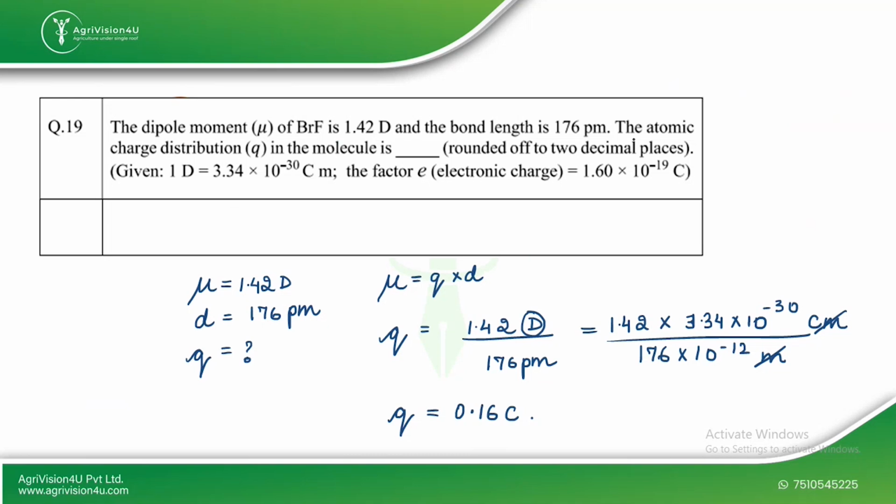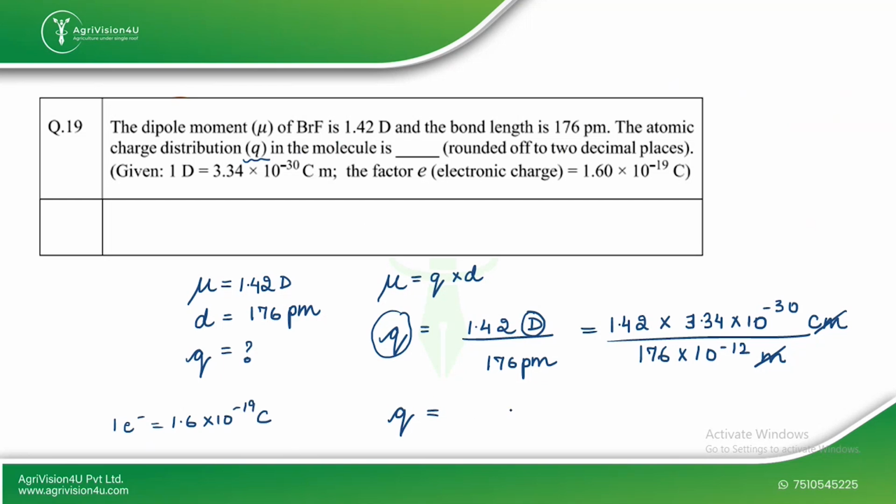And since we are asked to calculate the atomic charge distribution Q, I have to calculate how many electrons are there, the atomic charge distribution in the molecule. Before that, one step more will come. So from this I'm getting the overall charge. And we know that 1 electron corresponds to 1.6 into 10 raised to the power minus 19 coulombs charge.